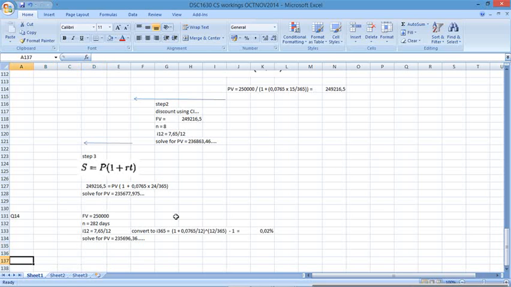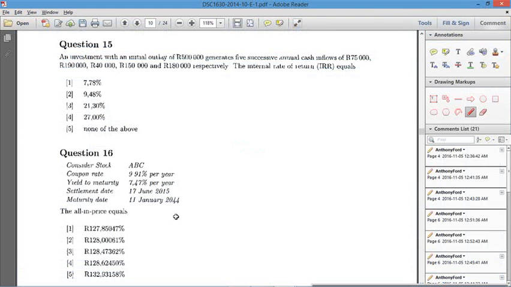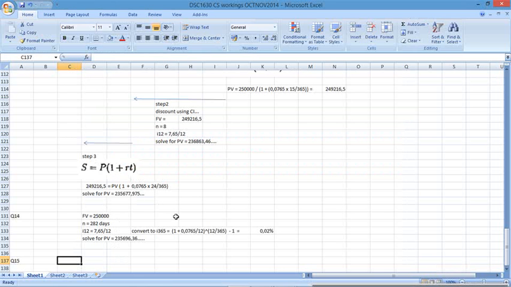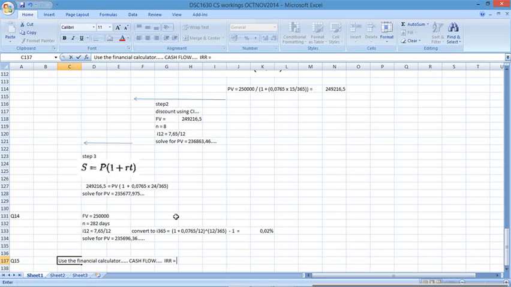So question 15. 15 is looking at IRR. This is use the financial calculator. Cash flow. Your IRR comes out to question 15, option 1.